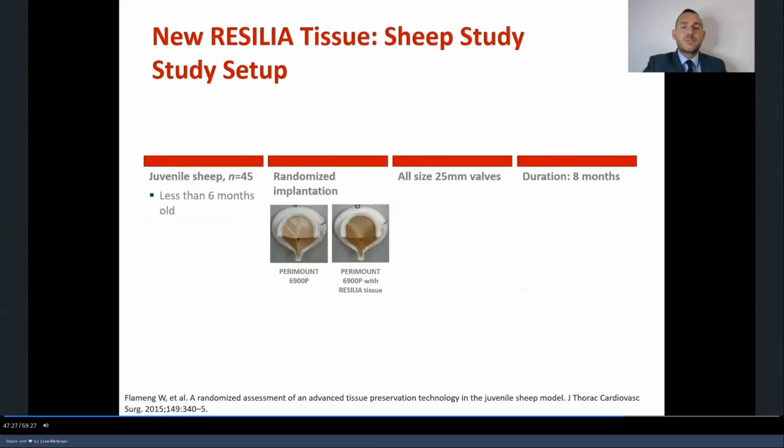The first experimental model was published in 2015, where the valve was tested in a sheep model. 25 millimeter valves were implanted, Perimount and Perimount with resilient tissue, and followed up for 8 months.